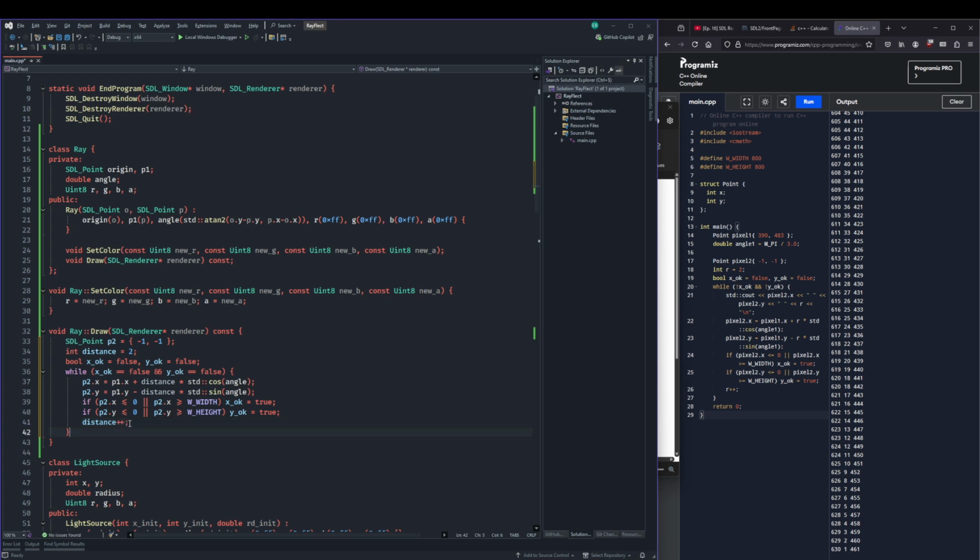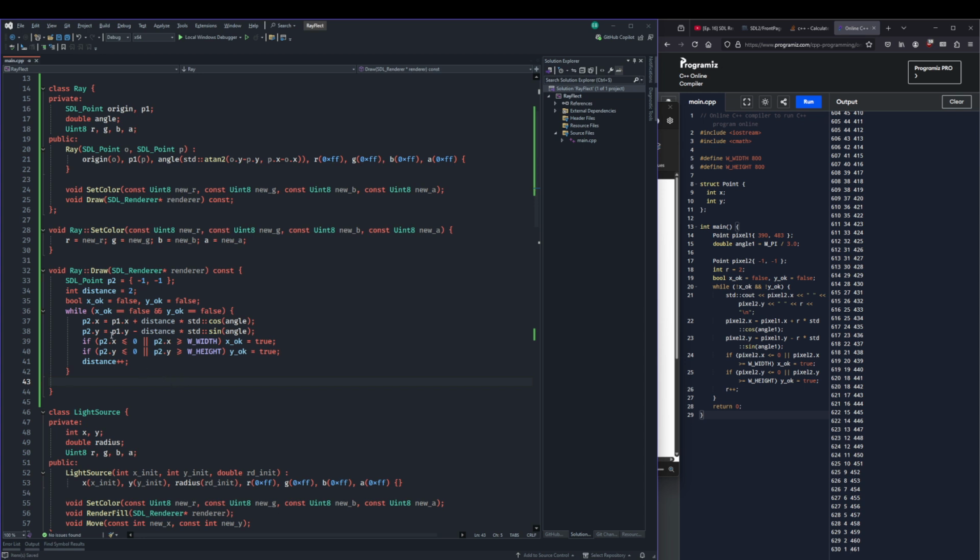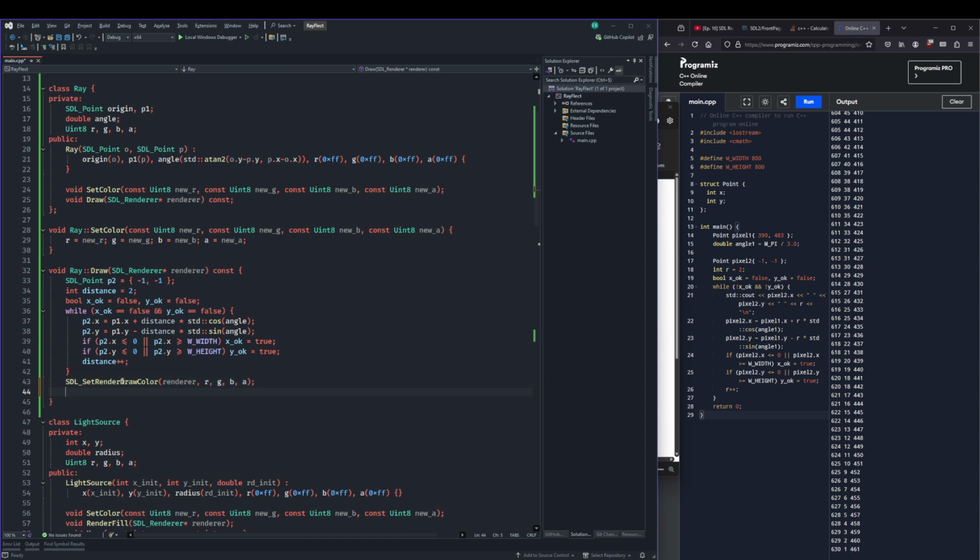So now that we have our point, so we have our coordinates, let's just draw. So SDL set render draw color to RGBA, and here SDL render draw line, and so it's just going to be render, x1, so this would be p1x, p1y, p2x, p2y, right?